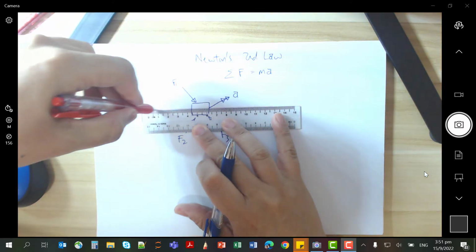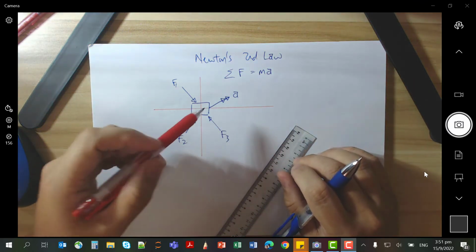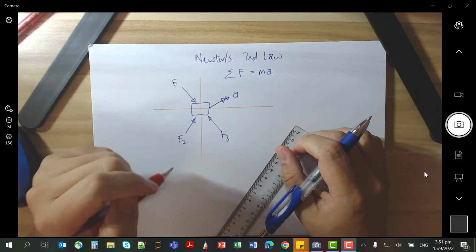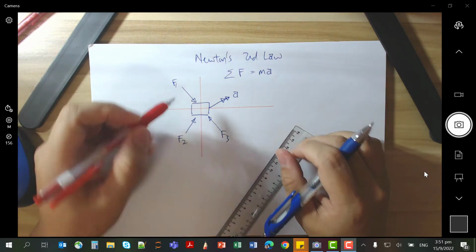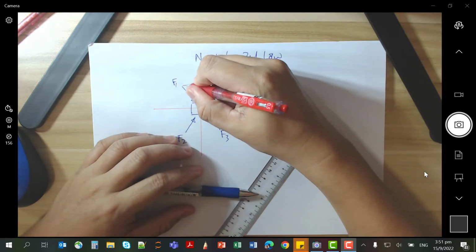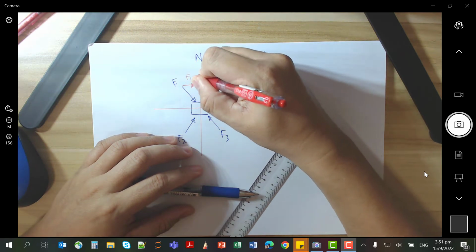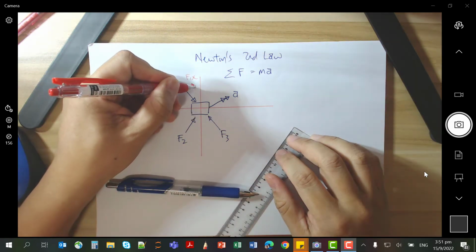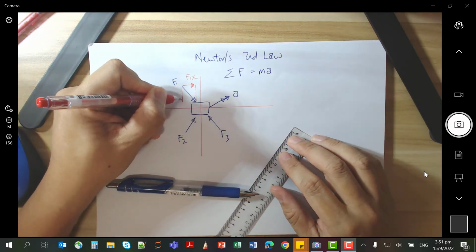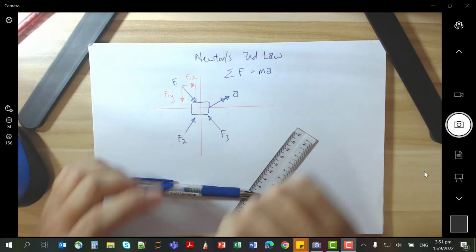Horizontal and vertical, which means because they are all vectors, they all have their individual x and y components. Take for example F1, the x component of F1 would look like this. Let's call this F1x. This is how you draw it. And then the y component would look like this. So this is F1y.